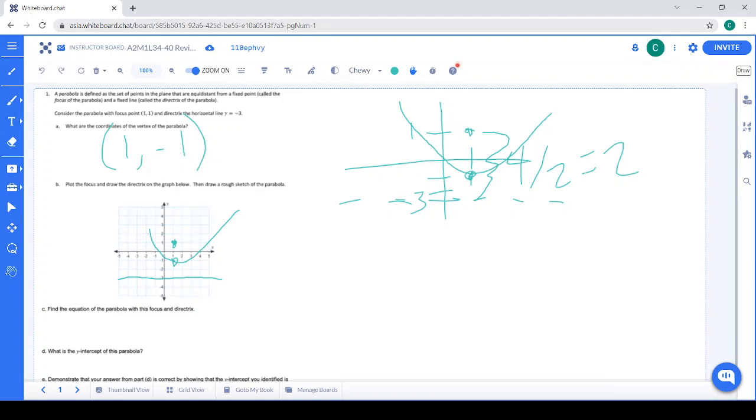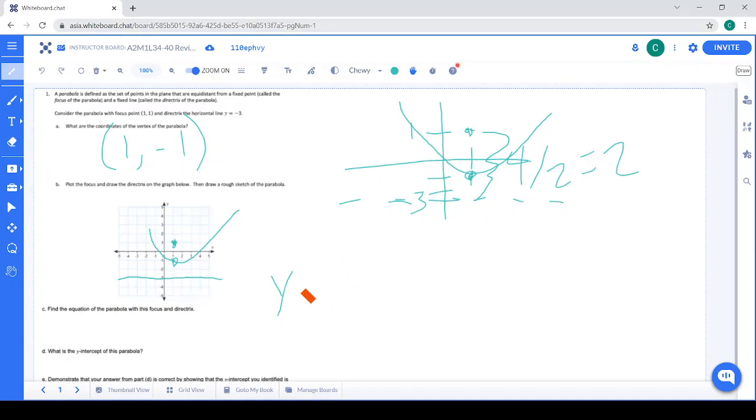Let's say I could just write the formula with it, but I can't. I'm going to have to do the distance formula. So I know that y equals a -3, right?